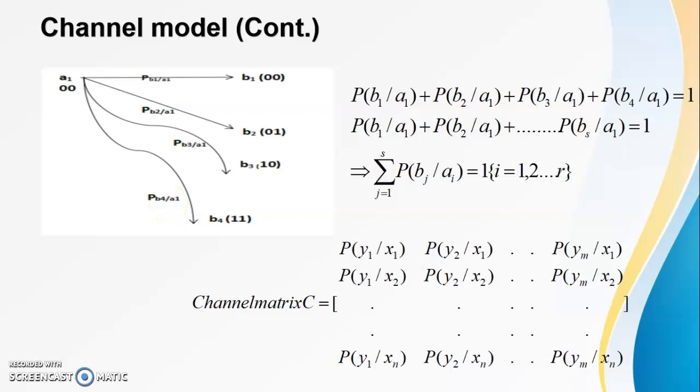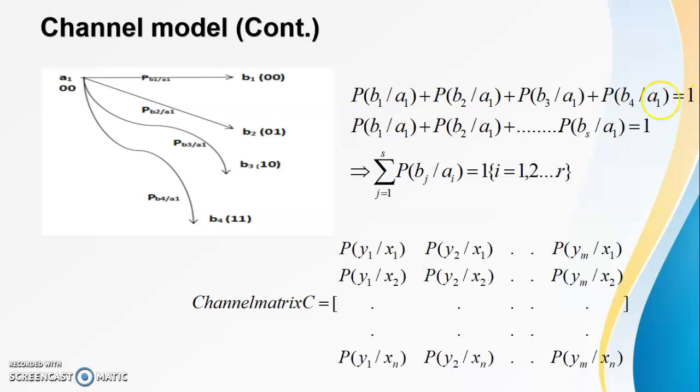As I know, the sum of all probability is 1, hence P(B1/A1) plus P(B2/A1) plus P(B3/A1) plus P(B4/A1), all added, equals unity.